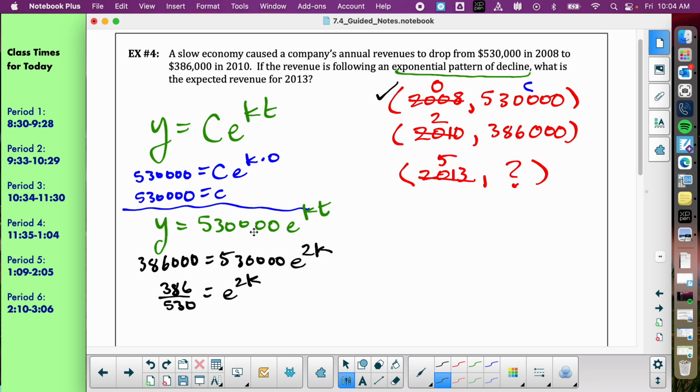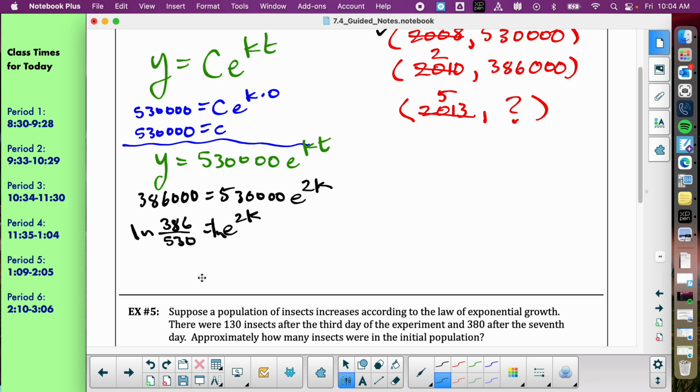So I'm going to solve for k by taking the ln of both sides. So ln of 386 5/30ths is going to be divided by 2, and that's my k value. So technically, ln square root 386 5/30ths.